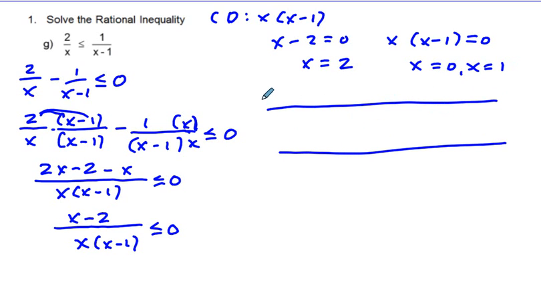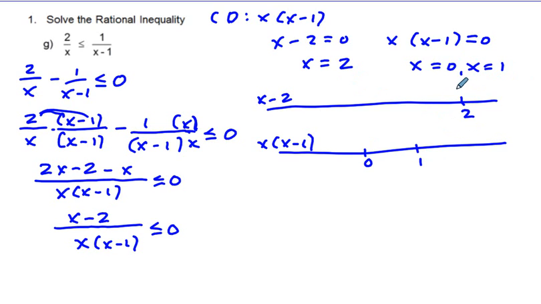And we're going to put our numerator up here, x minus 2, and our denominator is going to be x times quantity x minus 1. And then our numbers are 0, 1, and 2, and the 0 and 1 are in the denominator, so I'm going to put 0, 1, and 2 up here for the numerator.